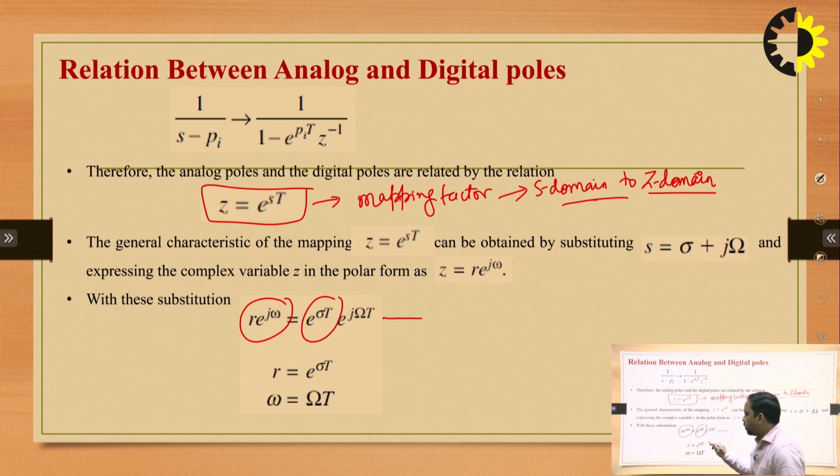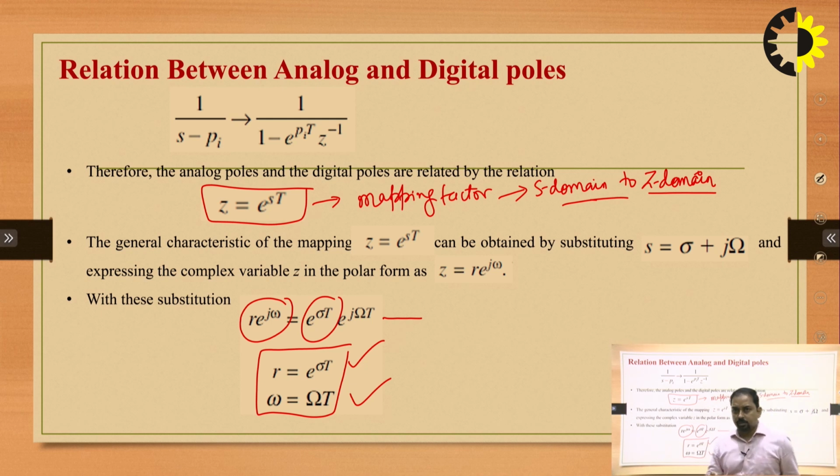So r equals e raised to power sigma t is the equation I'm getting on comparing the real part, and omega equals Omega t. So that is the next equation which we are getting if we compare the imaginary part. So the equation number 2 basically gives a relationship between the two domains, meaning the digital domain frequencies and the analog domain frequency.